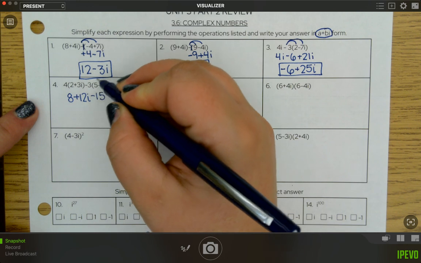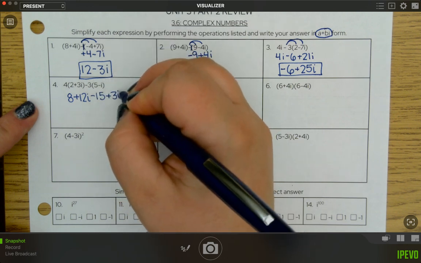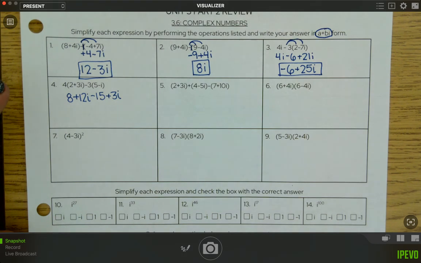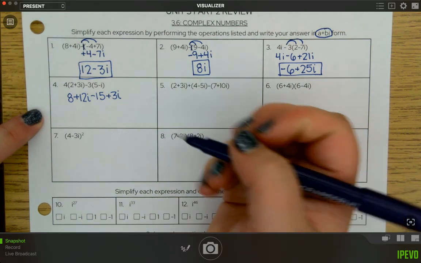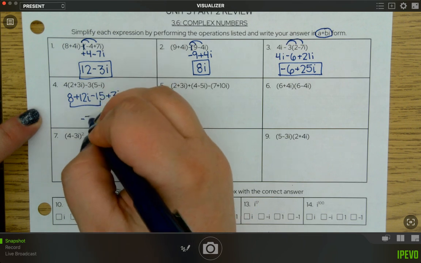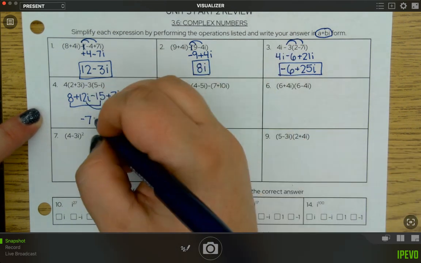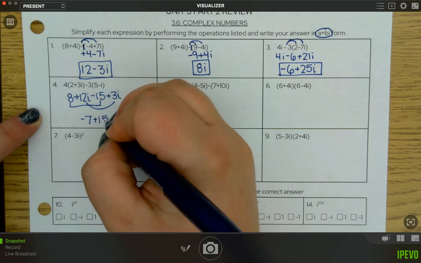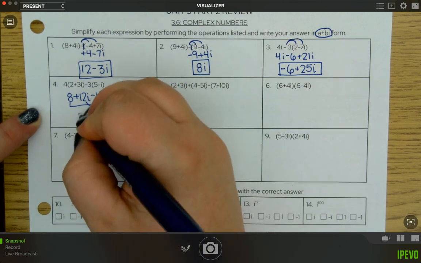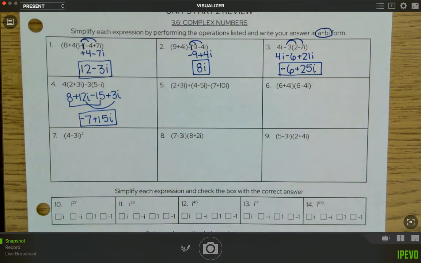And -3 times -i is +3i, because those two negatives make a positive. And then I'm going to add together 8 minus 15, -7, and 12 plus 3 is 15i. Really not that complicated. Just go slow and be careful so you don't make silly mistakes.